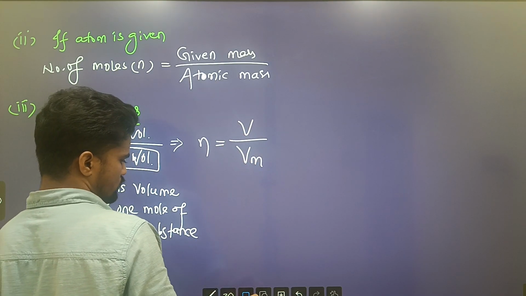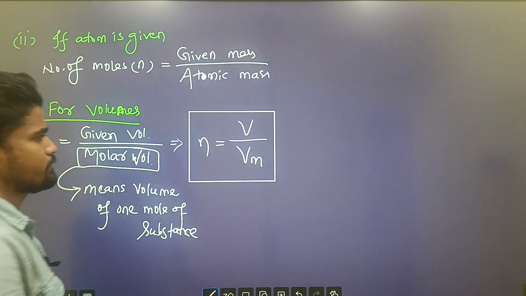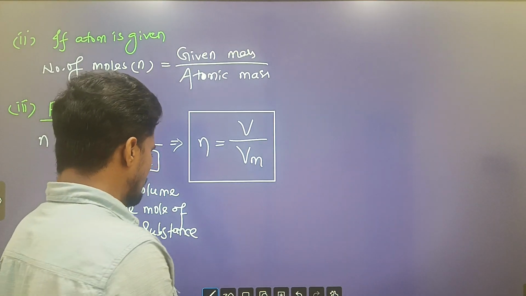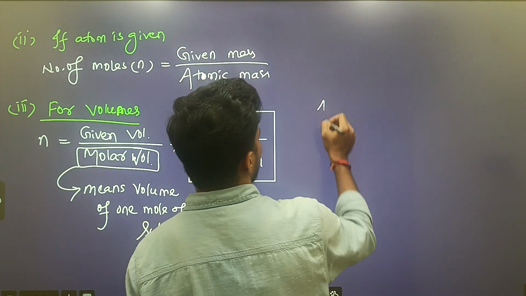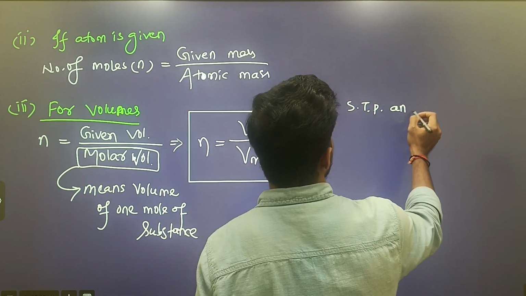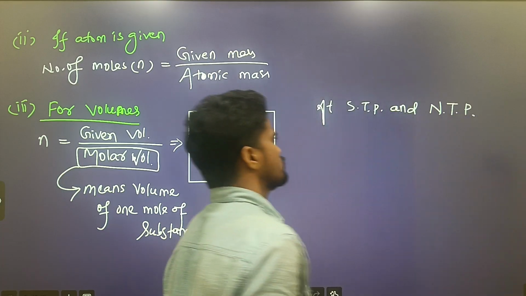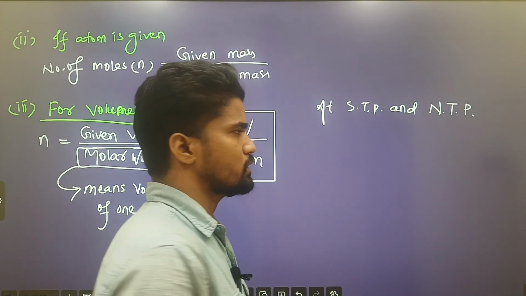Okay, so this is the formula. For the molar volume, we can put the value for an ideal gas at STP and NTP, standard temperature pressure and normal temperature pressure.